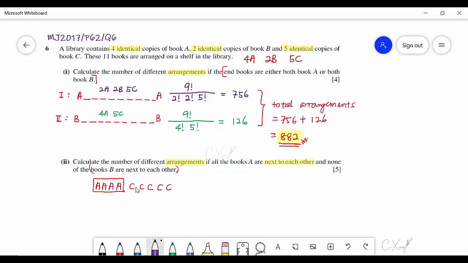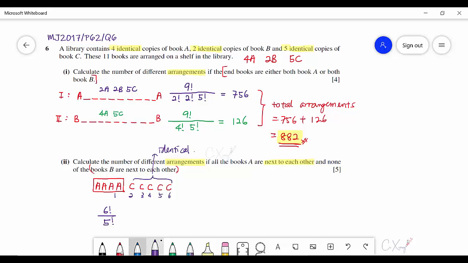How many items do I have? 1, 2, 3, 4, 5, 6. So I'm arranging these 6 items, which is 6 factorial, but I need to divide it by 5 factorial. Why? Because of the 5 identical C. This one is identical, right? Therefore, I need to divide it by 5 factorial.